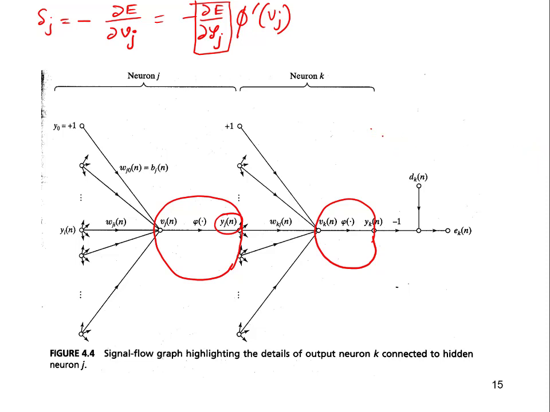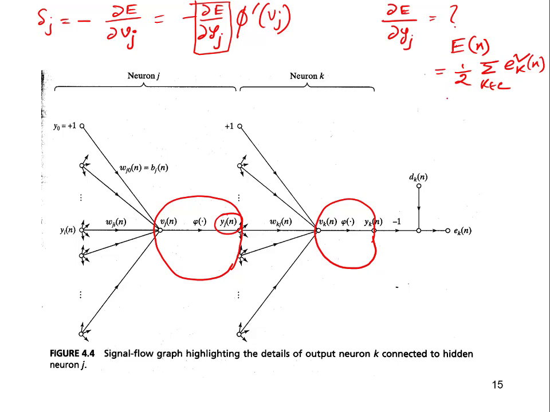So for delta E by delta yj, we remember the average energy is half the sum over k in the output layer of ek squared of n. This equation we have familiarized ourselves with, and we have seen it in the previous loss function.